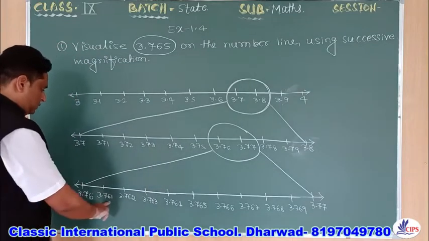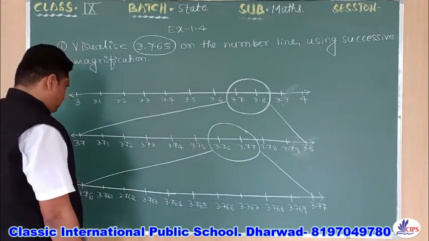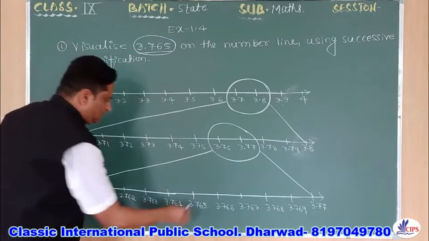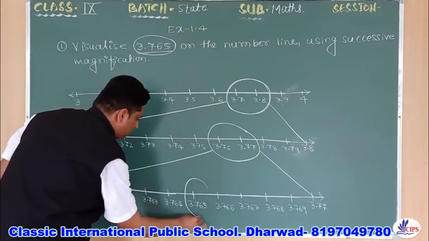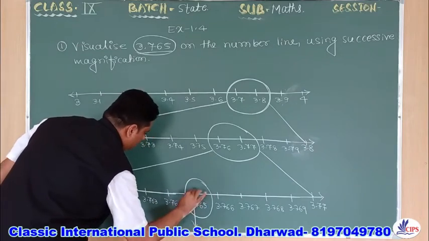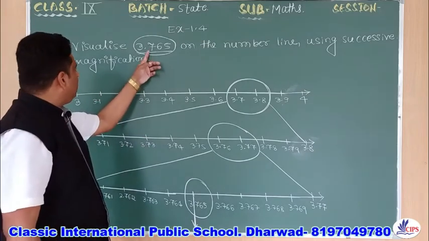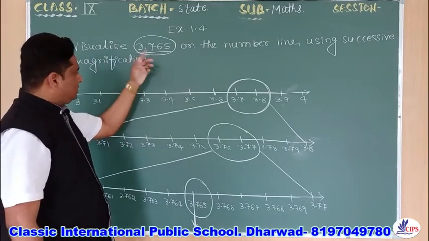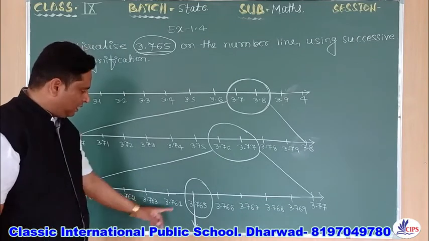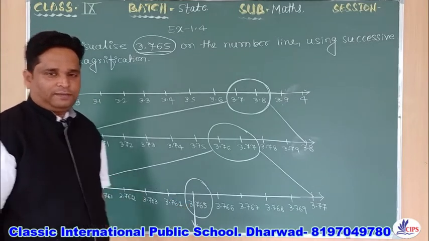Understood? 761, 762, 763, 764, 765. Right? So we want 3.765. This is our required number here, 3.765 on the number line. Right? Understood, children? This is how to visualize real numbers on the number line. 3.765 here. Understood? Okay.